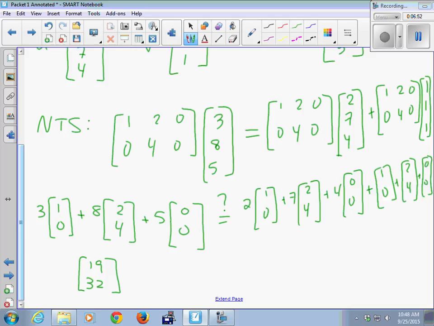My first entry is 2 plus 14 plus 0 plus 1 plus 2 plus 0, so 2 plus 14 is 16, 17, 18, 19. My second entry is 0 plus 28, which is 28, plus 0 plus 0 plus 4, which is 32.